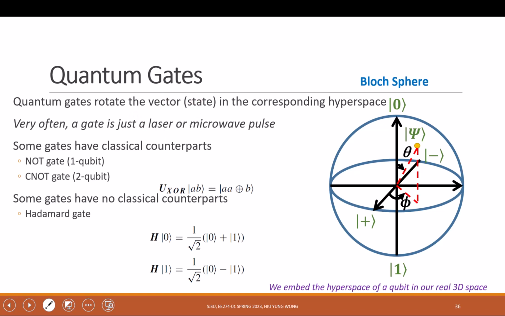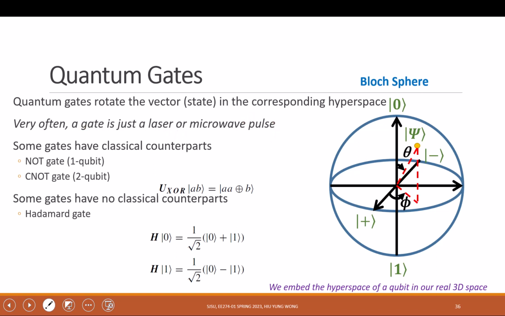So the subject may be at a certain state: it can be at 0, at 1, or a linear combination of 0 and 1. And then we apply the gate. What is a gate? A gate is just a laser pulse or a microwave pulse. So you have a spin, apply a laser or microwave pulse, then the property of the spin is going to rotate, to change. And that is the process of applying a gate.